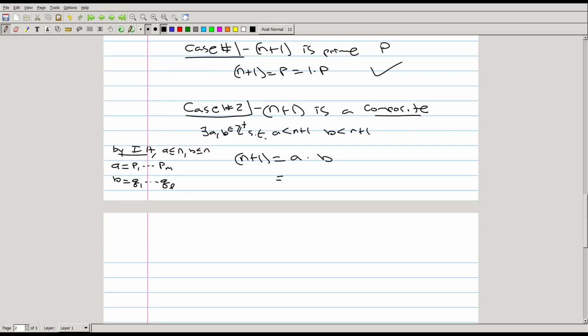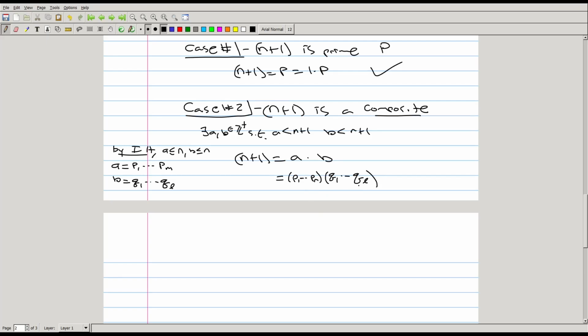So because of this, this is going to be q1 all the way to ql for b times p1 up to pm.